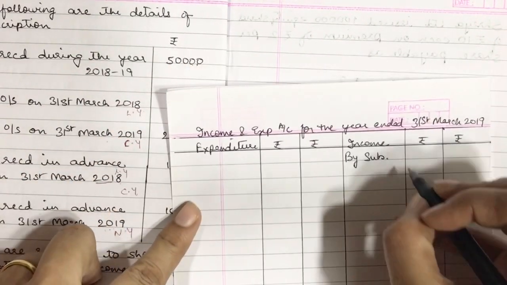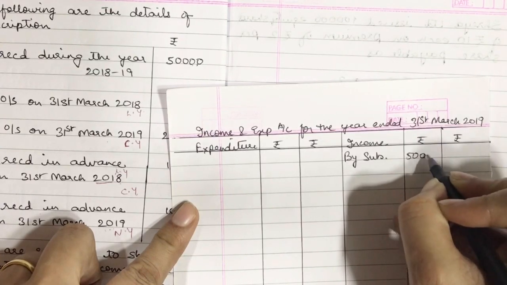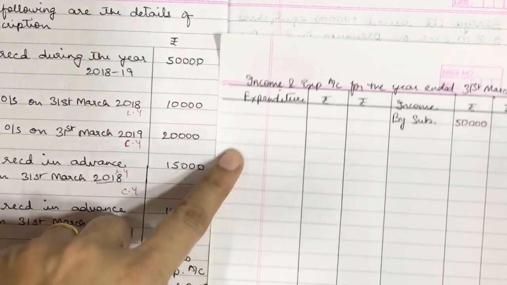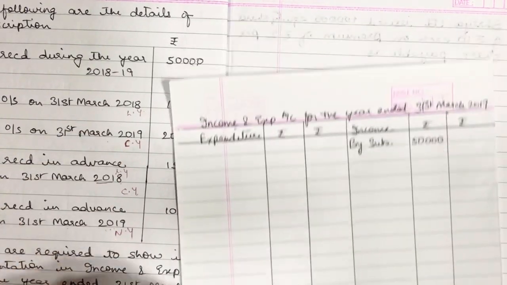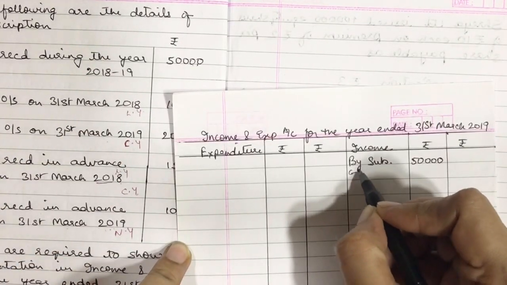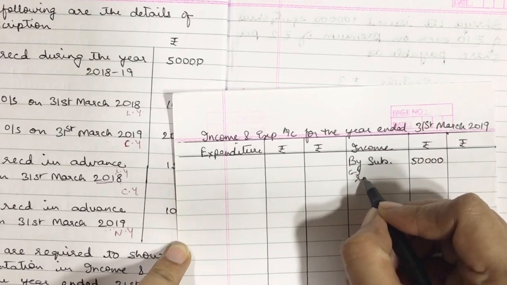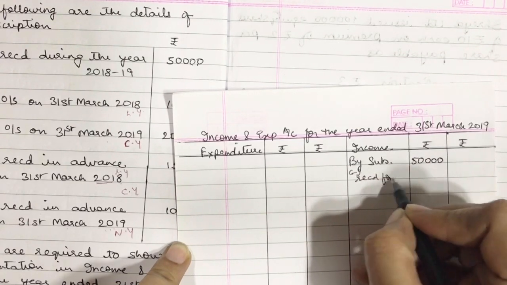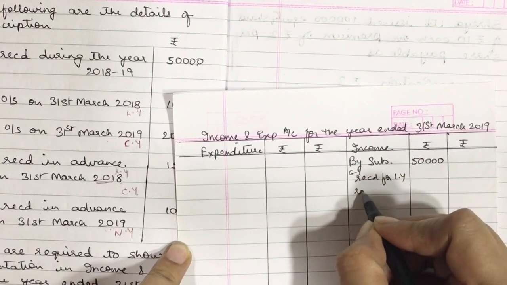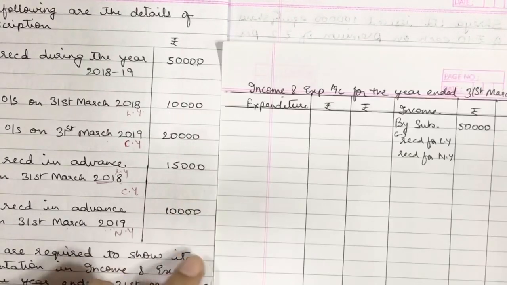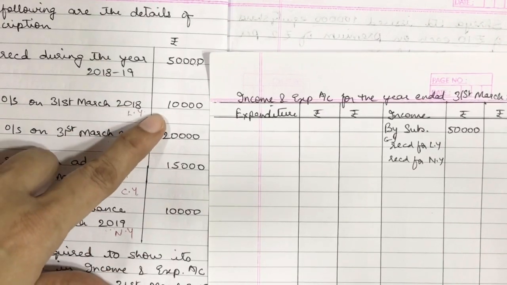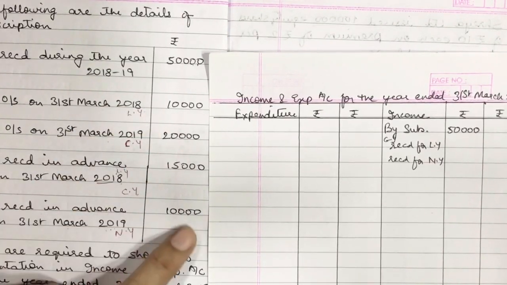So write in the inner column 50,000. Now you remember, deduct last year and next year. So less received for last year and received for next year. So what are the amounts? 10,000 and 10,000.